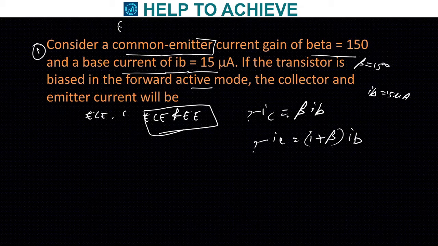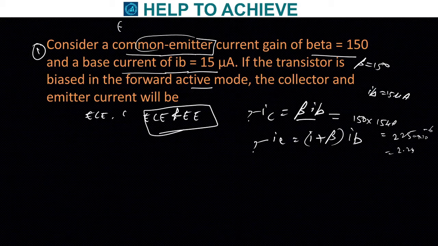We know that from the equation for a common emitter configuration, IC is equal to beta IB. So beta is given as 150 and IB is given as 15 microamps, which is equal to 15 into 15, 225 into 10 to the power of minus 6, which is nothing but 2.25 milliamps.